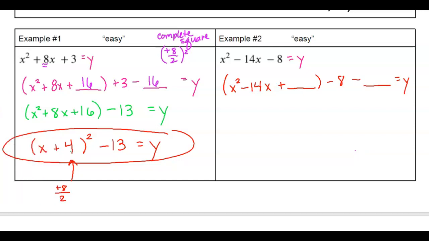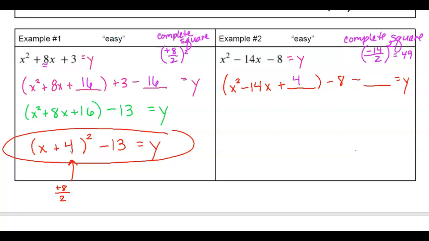Okay. Step number 3, we're going to complete the square. You can do this in your head. So we're going to take that negative 14, we divide it by 2, and we square it. So negative 7 squared, make sure you use the parentheses, is 49.